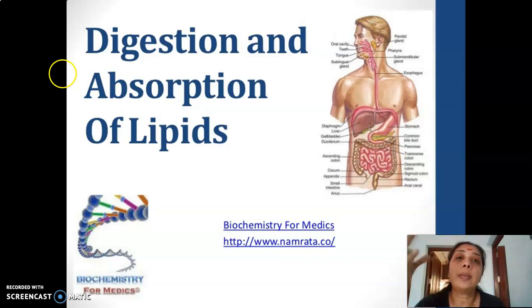After the action of the lingual lipase, this fat containing food is taken into the stomach, where it encounters the second type of lipase, the gastric lipases. For gastric lipase to perform its function, certain conditions must be met. Gastric lipases have their optimal activity at alkaline pH, but the stomach is rich in HCl.